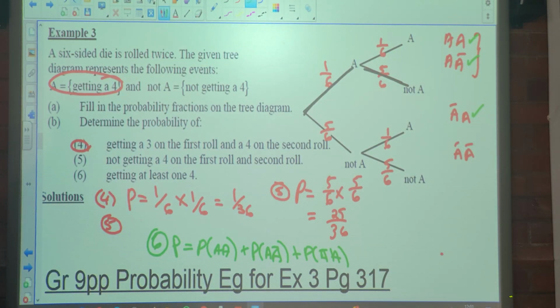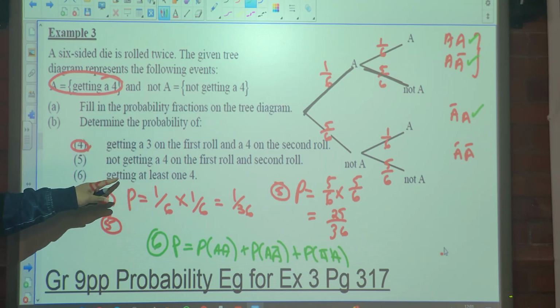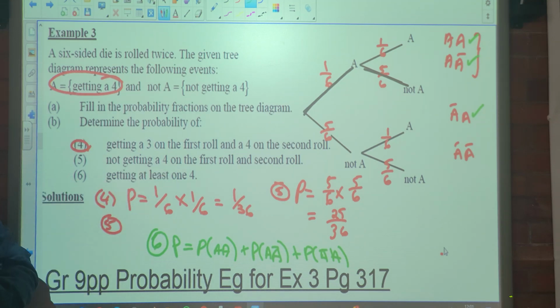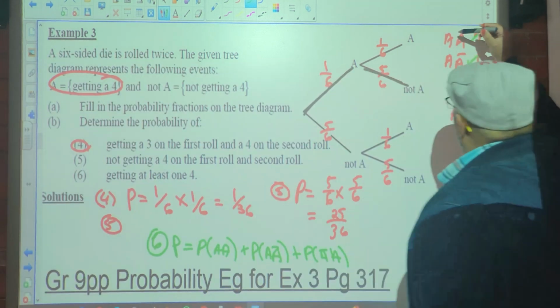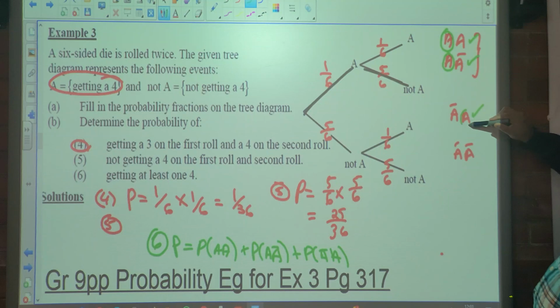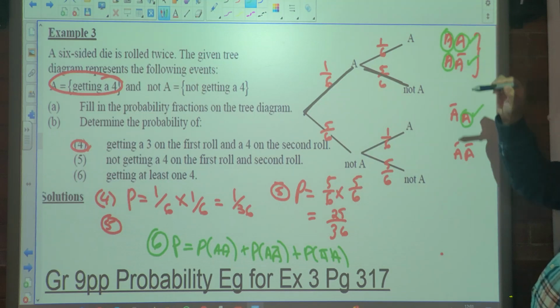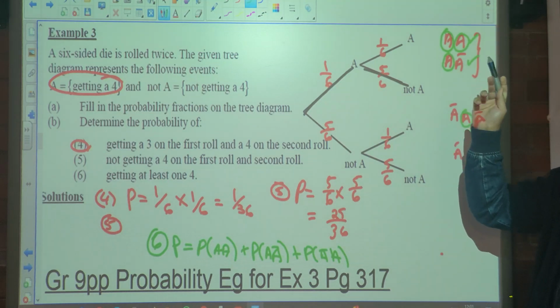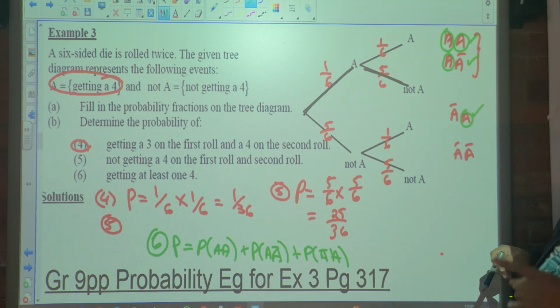Who's confused? What are you confused about, Michael? It says getting at least 1 four. So here's a 4, there's a 4, and there's a 4. It could have 2 fours. So you could consider that. It didn't say have only 1 four.